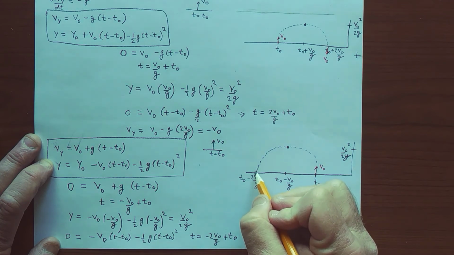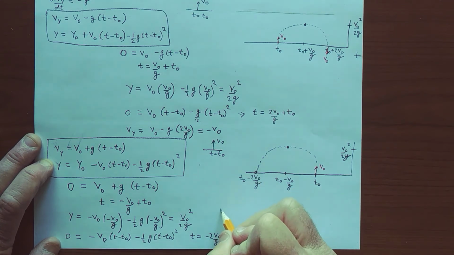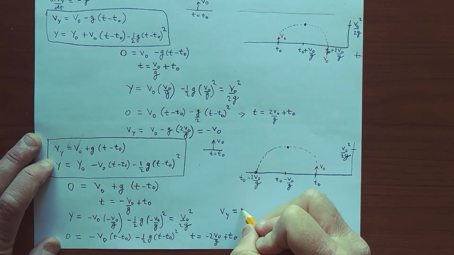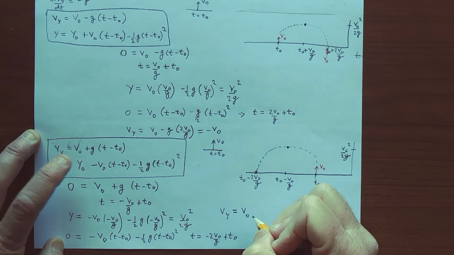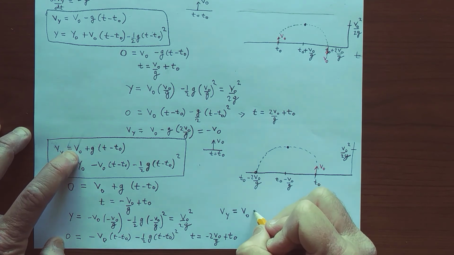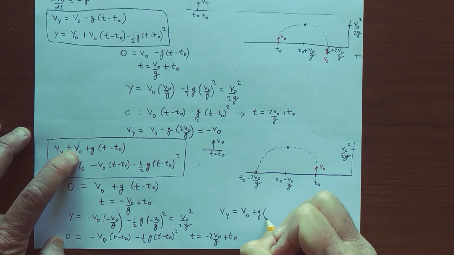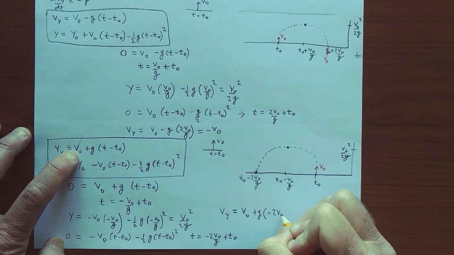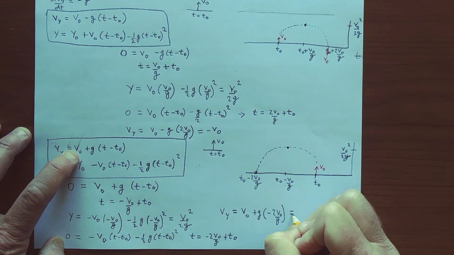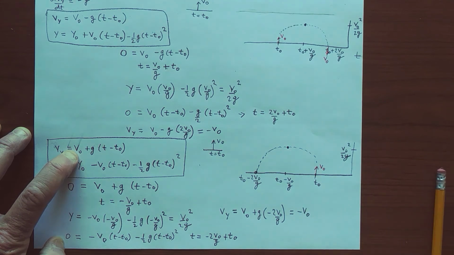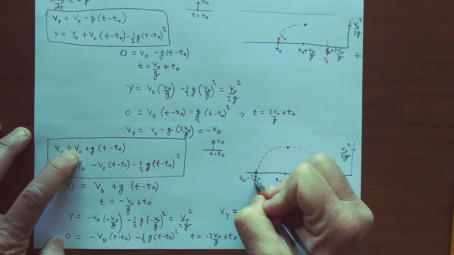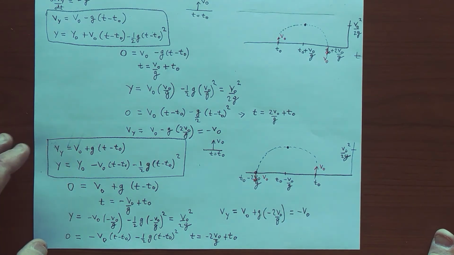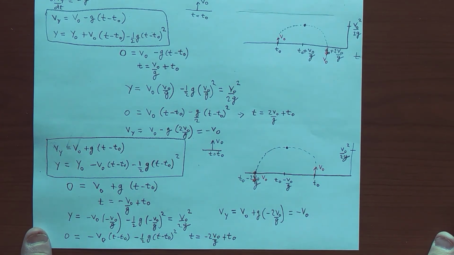So it reaches the ground at that point, and of course we expect the speed to be minus V naught. Let's verify that. We have V naught, while we're looking at this equation, plus G times T minus T naught, which is minus 2 V naught over G, which in fact is minus V naught. So the object here has a speed V naught, but it's in the downward direction.